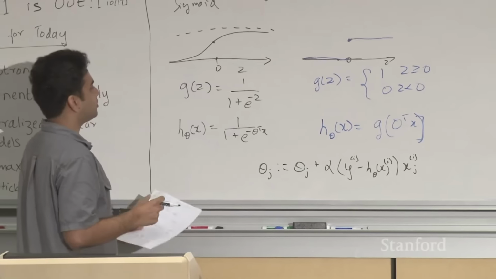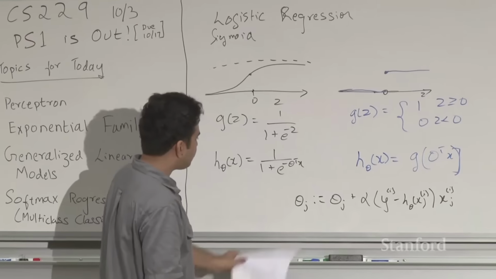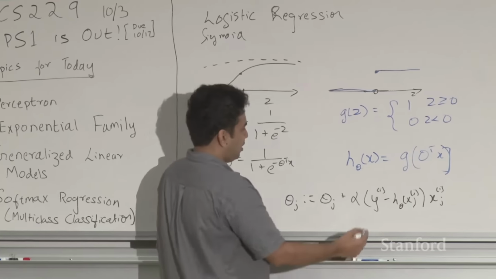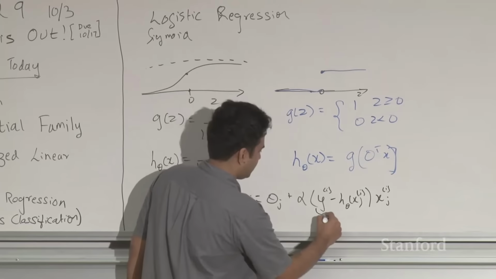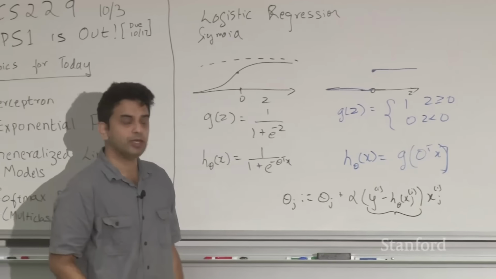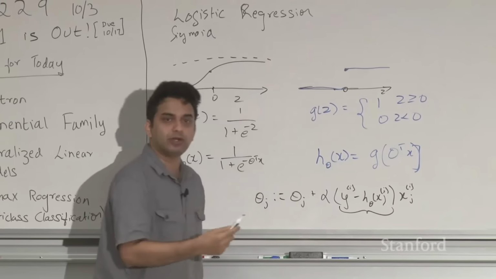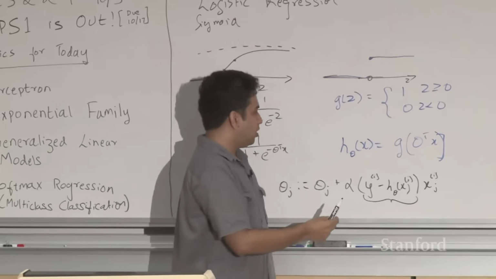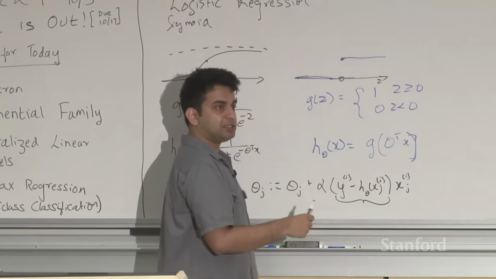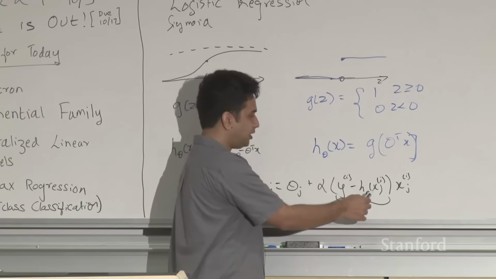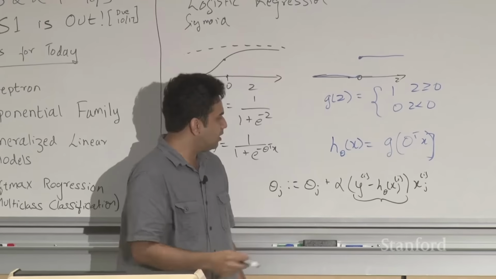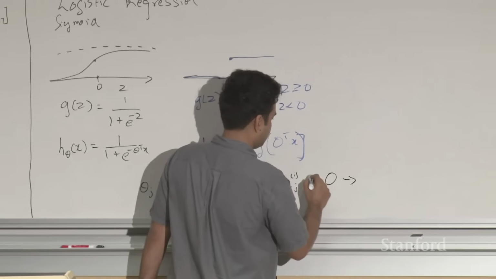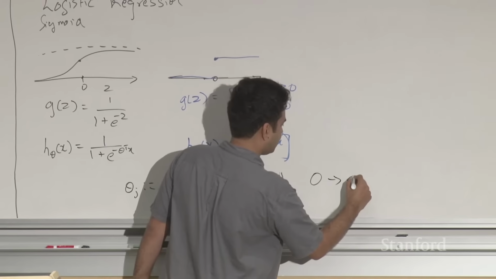So what's happening here? If you inspect this equation to get a better sense of what's happening in the perceptron algorithm, this quantity over here is a scalar. It's the difference between yi, which can be either 0 or 1, and h theta of xi, which can either be 0 or 1. When the algorithm makes a prediction of h theta of xi for a given xi, this quantity will be 0 if the algorithm got it right already.